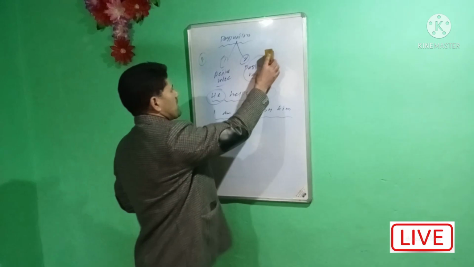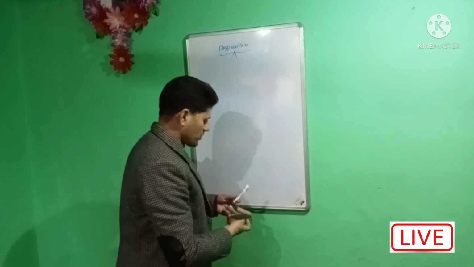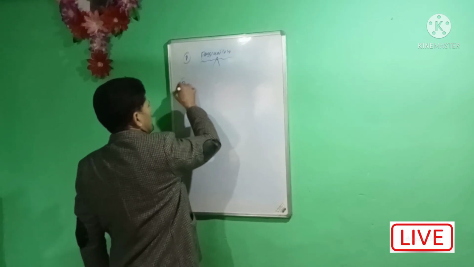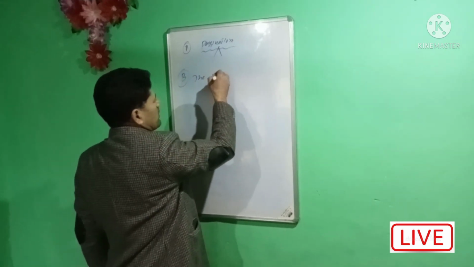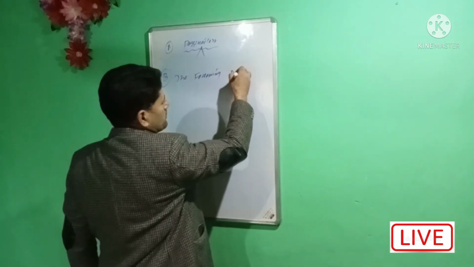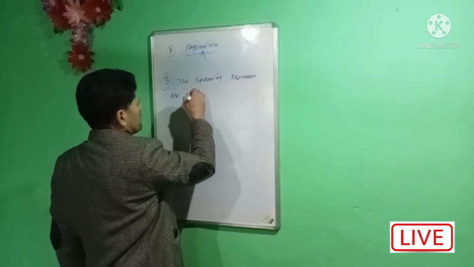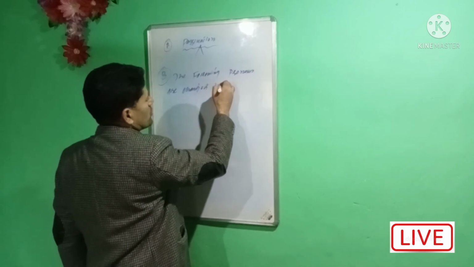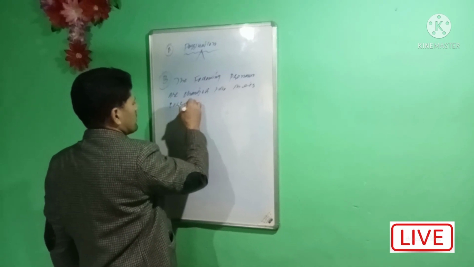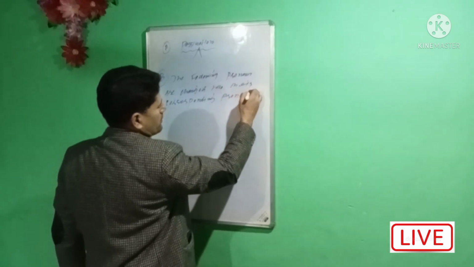This is point number one, beloved students. After that, there is a very important point which we have to study. Point number 2, point B: the following pronouns are changed into their corresponding pronouns.